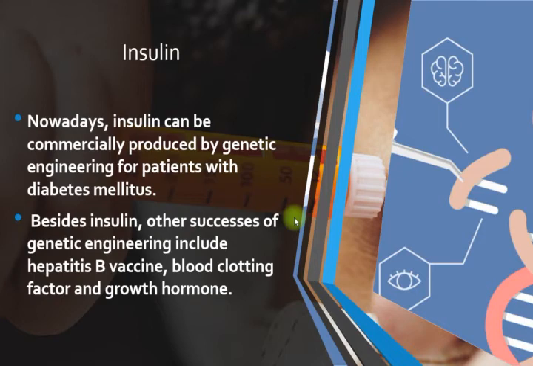Insulin refers to the hormone that converts excess glucose into glycogen. So in diabetes mellitus patients, there is excessive glucose in the blood, so they have to get injections of insulin, because their pancreas cannot produce enough insulin.